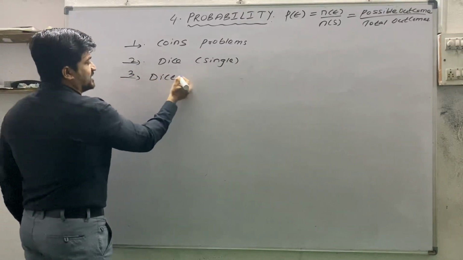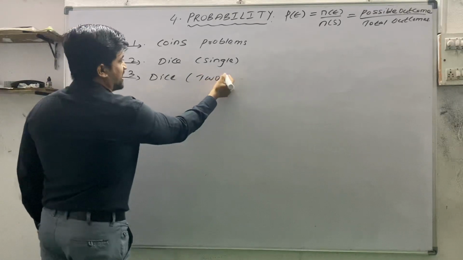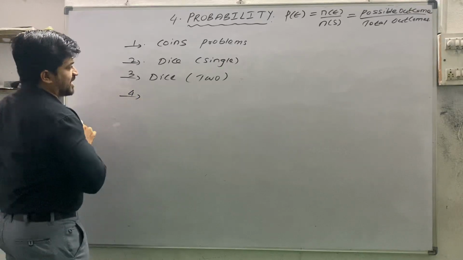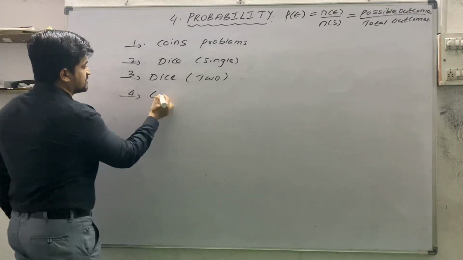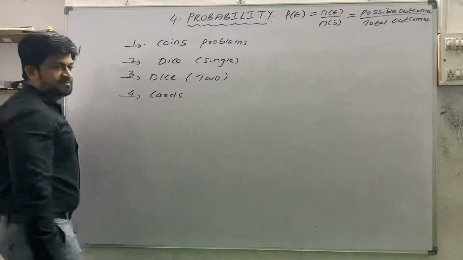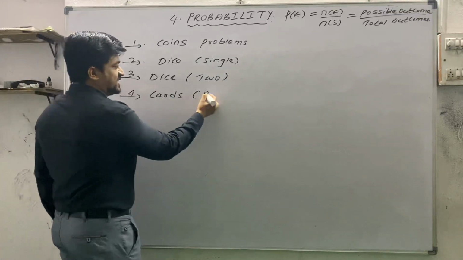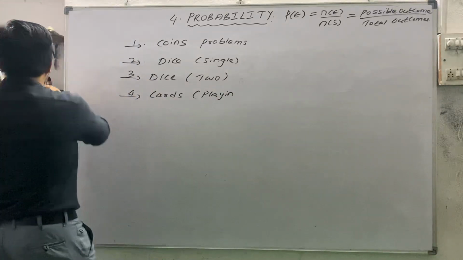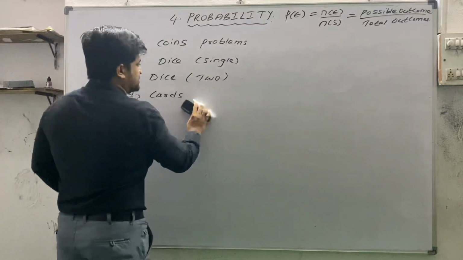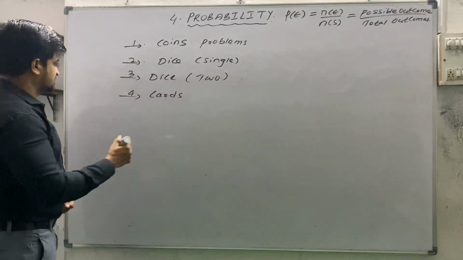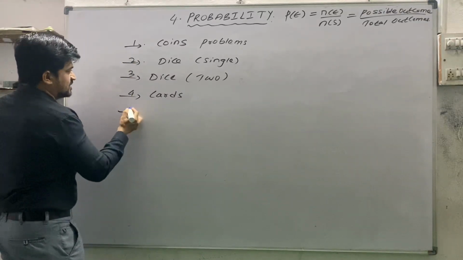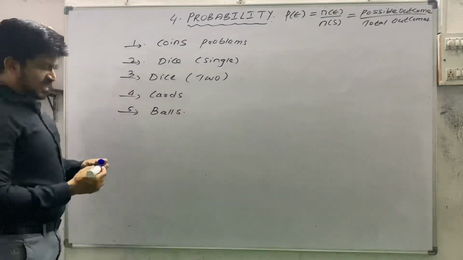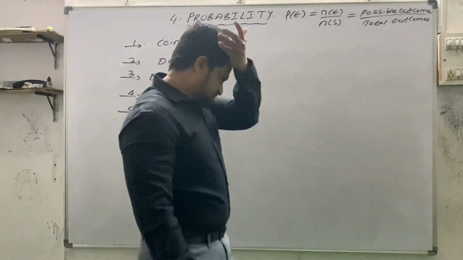Third, problems based on 2 dice. And the fourth one, problems based on cards. We can see a standard pack of playing cards. Just remember that card problems. And the fifth type is ball problems.